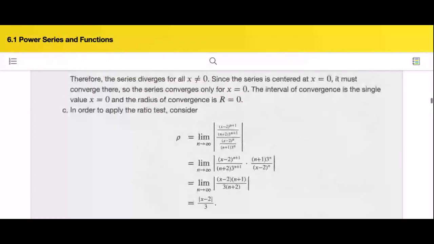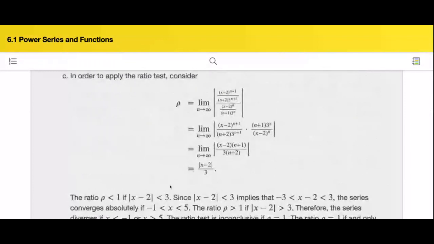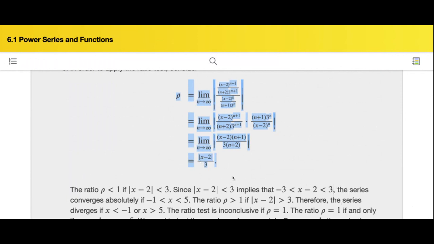So this one is a lot. Let's go back. Again, we apply the ratio test. So the limit, what's the limit? The limit is the absolute value of a function.